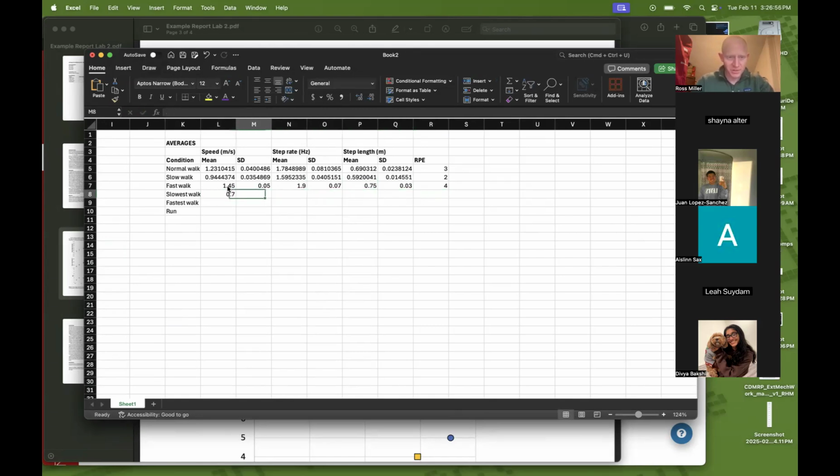And then slow walk, maybe that was 0.7, 0.04, and maybe this ends up being 1.2, 1.05, and that should be pretty short, so maybe 0.49, 0.04, and maybe 1. And then fastest walk, maybe I could get up to 2.1, 0.07. This might be 2.2, 0.06. And this might be pretty long. This might be 0.8 or maybe 5. And then maybe run. Maybe I ran at 2.5.